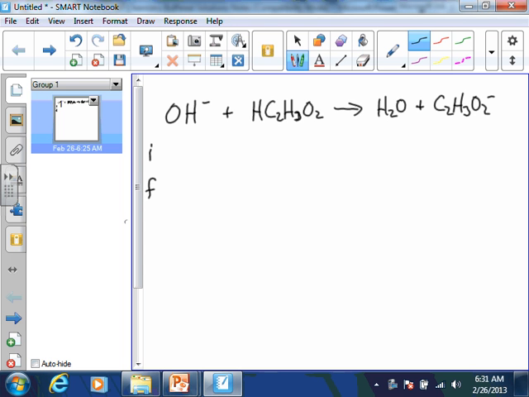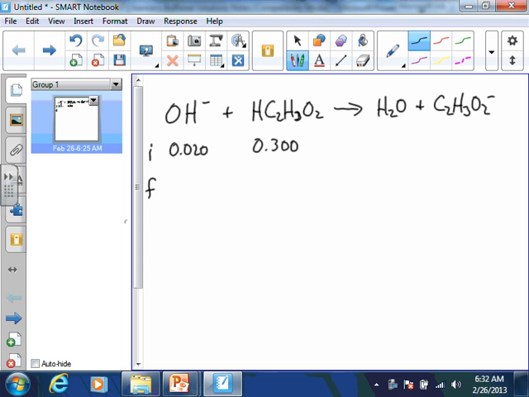And I actually may teach stoichiometry this way next year at the beginning of the year because I kind of like it. But what we have here initially is 0.020 moles of the OH minus, right? Now, how many moles of the acetic acid do we have initially? 0.3. Is it 0.300? Are there two sig figs there? Or two zeros?